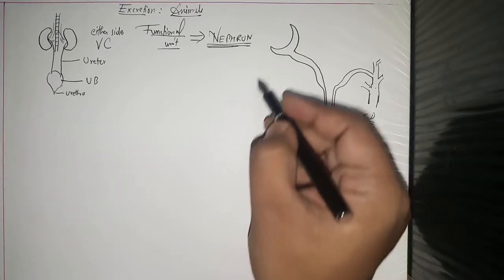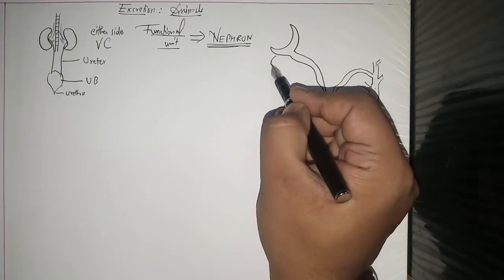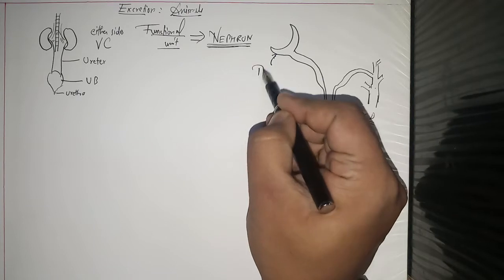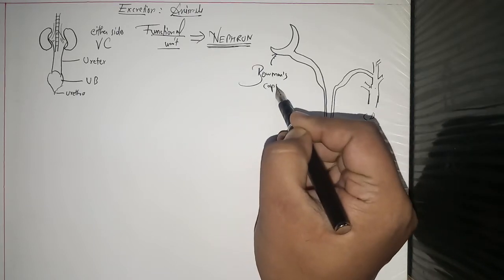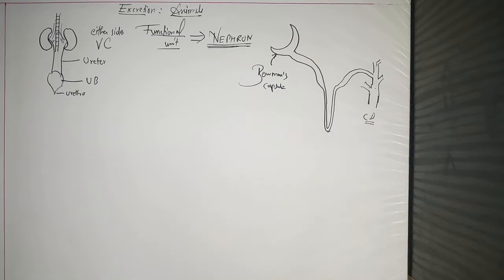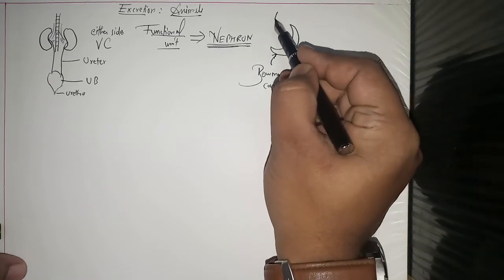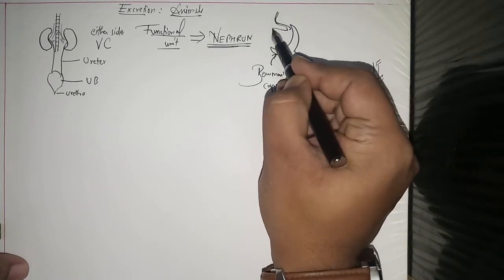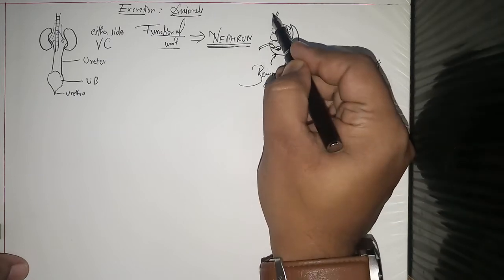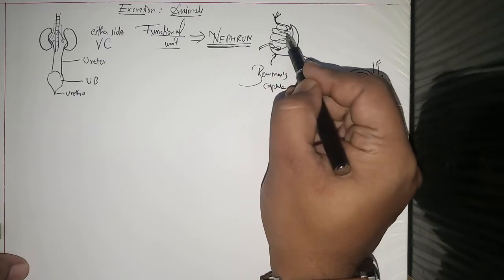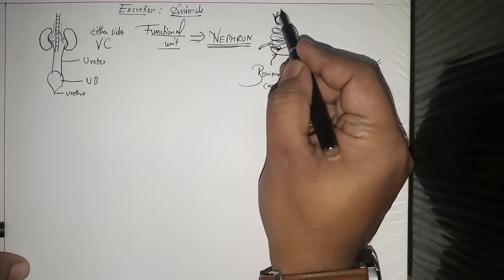It has a cup-like structure called Bowman's capsule, which is very thin walled, important, thin walled. Inside it there is a network of capillaries, so many blood capillaries. One is taking blood in, attached to the renal artery.